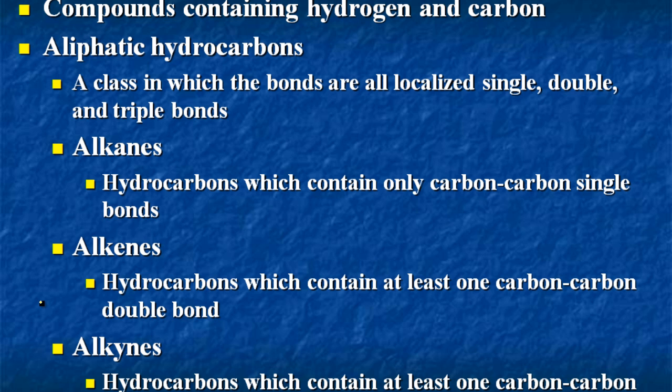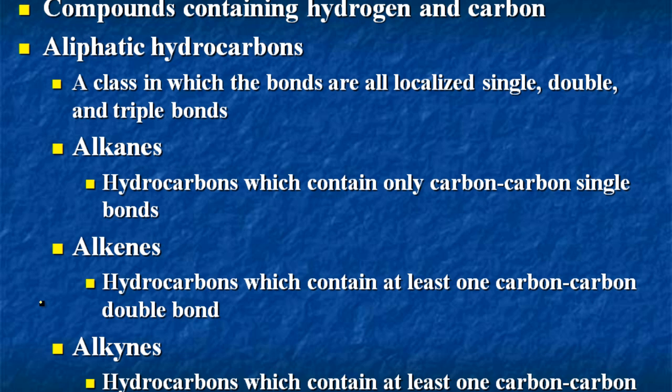And again in aliphatic there are three different types based on what type of bonds carbon forms. If carbon forms only single bonds, then it is called alkanes. If carbon forms at least one double bond, then it is called alkenes. If they have at least one triple bond, then it is called alkynes.